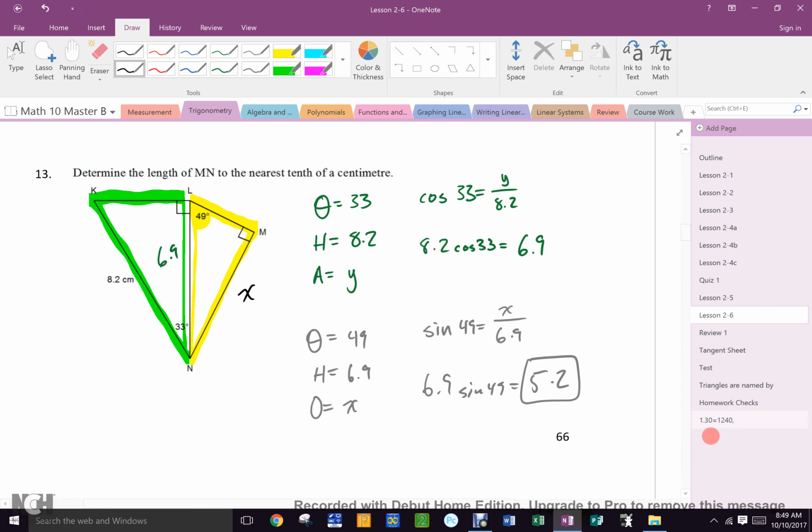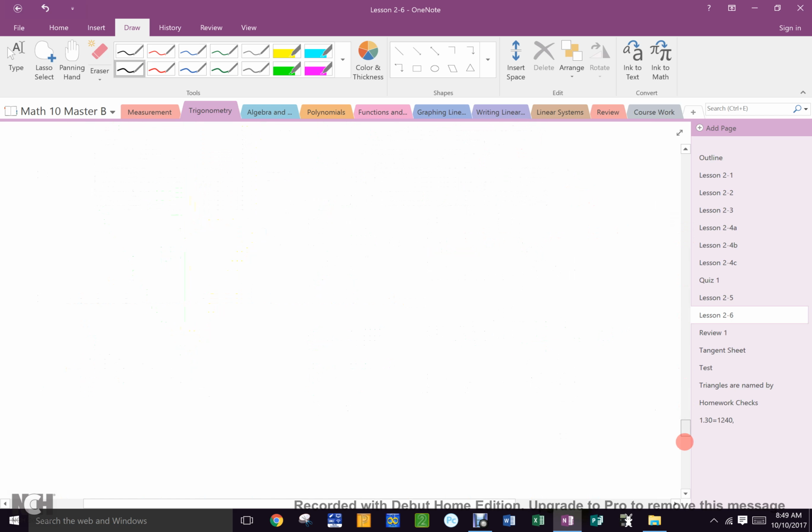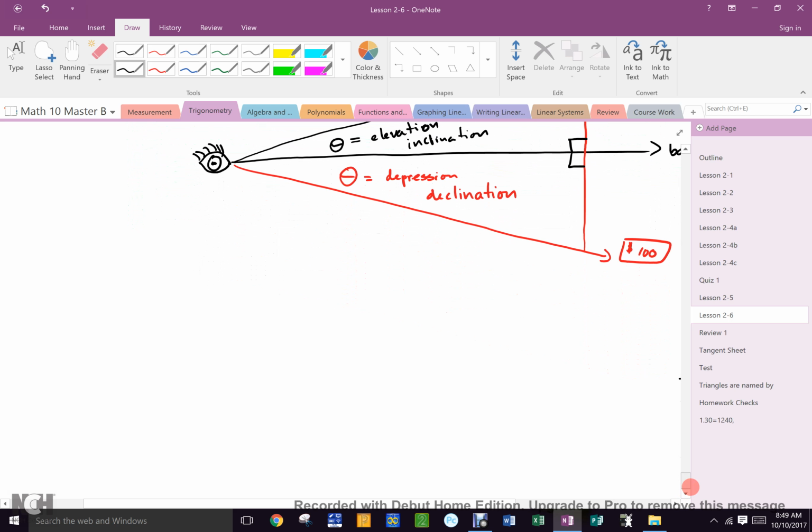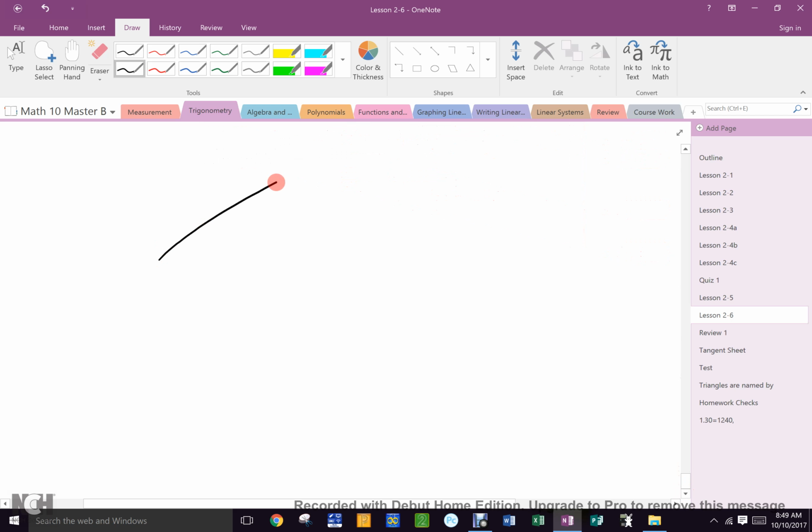What I mean by that is as follows. If I have a triangle and I know one angle of it and I know one side of it, what does that information give me?